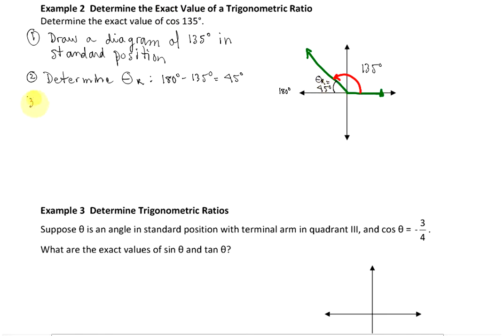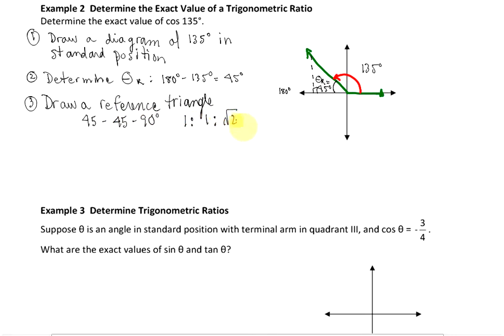Okay, so our third step is to draw a reference triangle. Okay, so we want to drop a line from our terminal arm perpendicular to the x-axis. Okay, and as you can see, we have a 45, 45, 90 triangle, which means that the ratios of our sides are 1 to 1 to root 2.